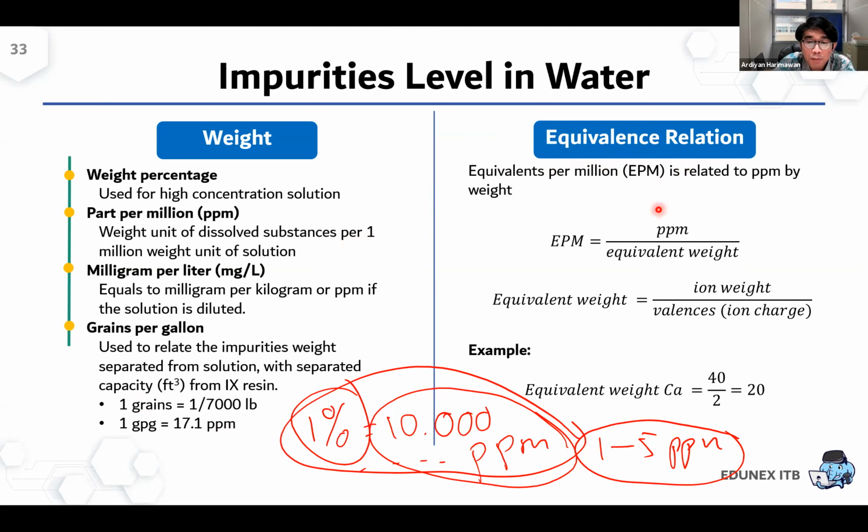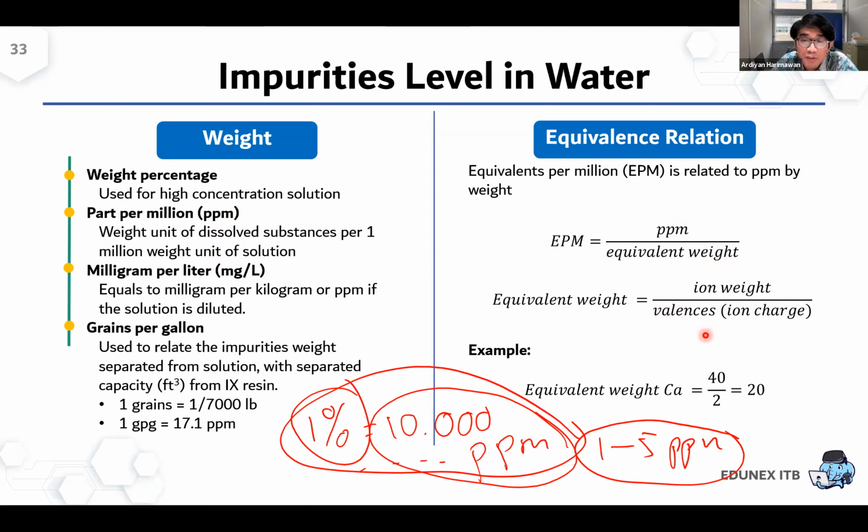EPM is ppm divided by the equivalent weight, berat ekivalen, where the equivalent weight is defined as the ion weight or the molecular weight divided by the valencies.